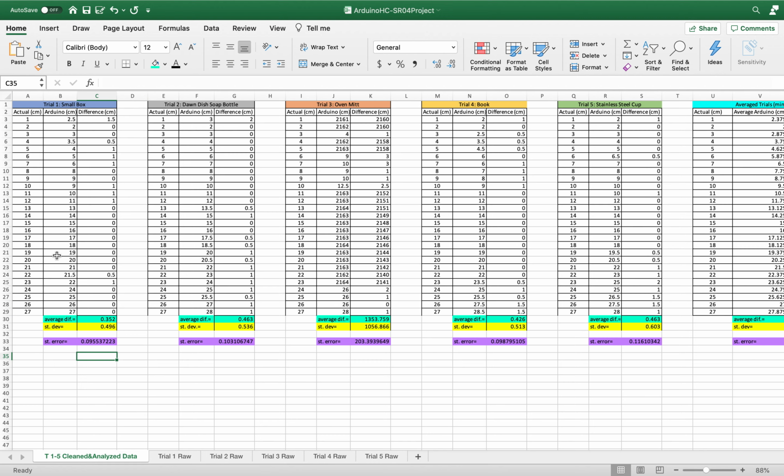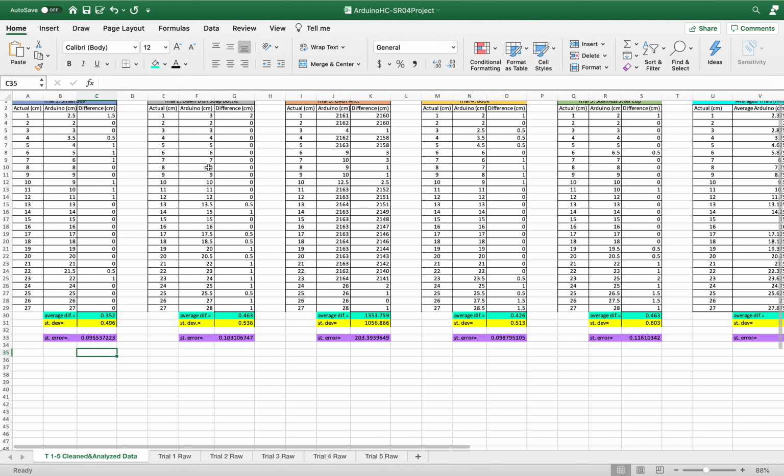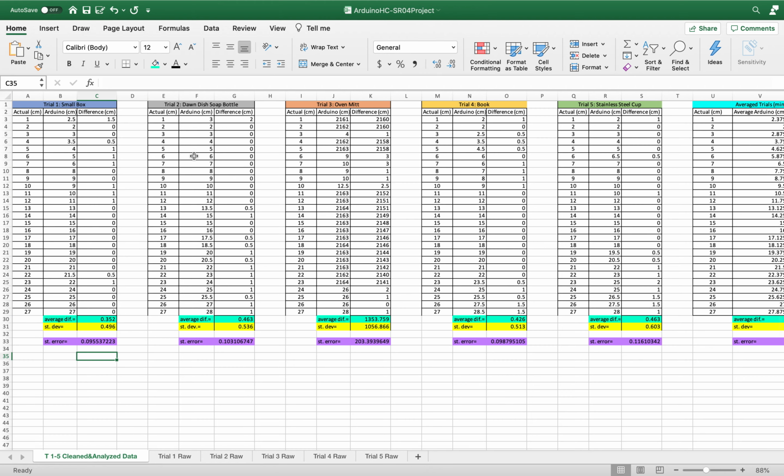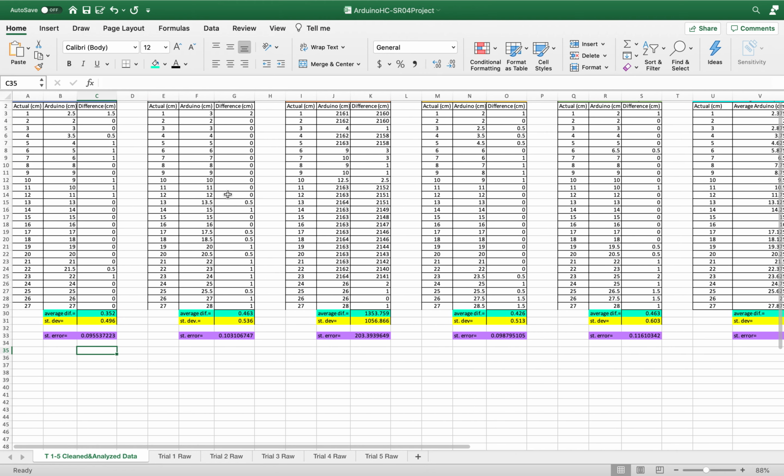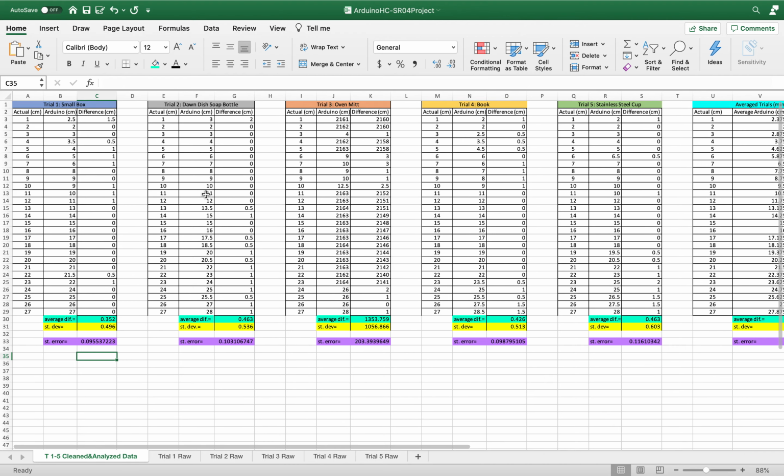So before you see any of the highlighted boxes down here, you would have just had these 5 different trials that you did. So I've got our actual, which was our centimeters, our ruler measurement, and then I've got our Arduino values that were read off of the serial monitor as we measured, and then the difference.